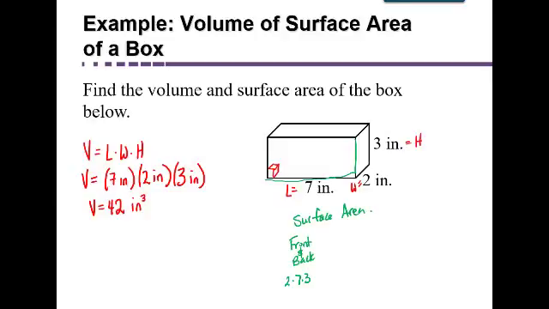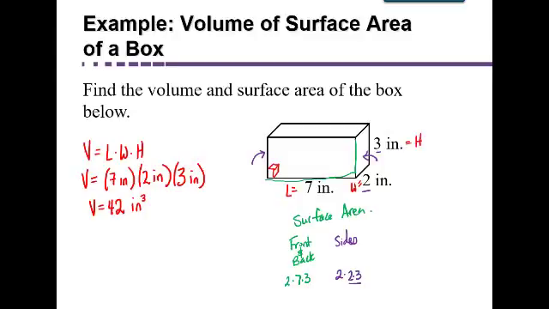So 2 times 7 times 3. And then we're going to do the sides. The order in which you do this doesn't matter, but we have a right side and a left side, and they both are 2 units by 3 units. So the sides are going to be 2 times 2 times 3. 2 times 3 is the area of each side, but we have 2 of them with those dimensions.